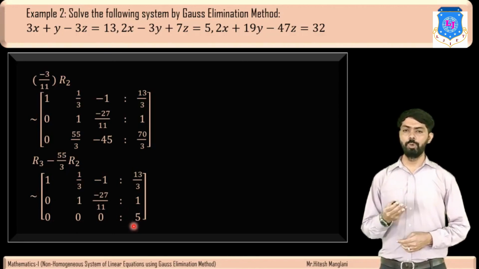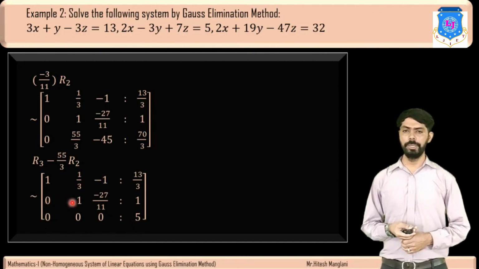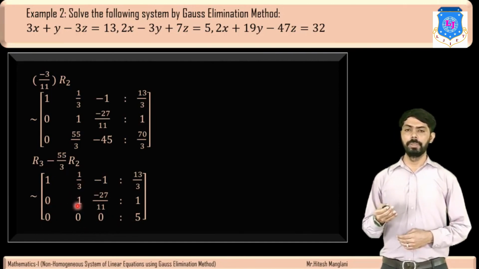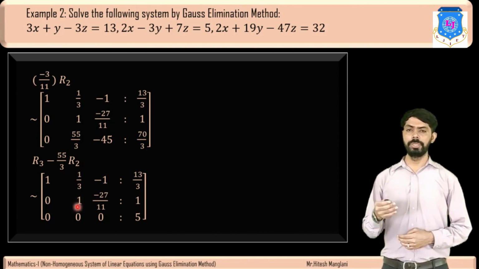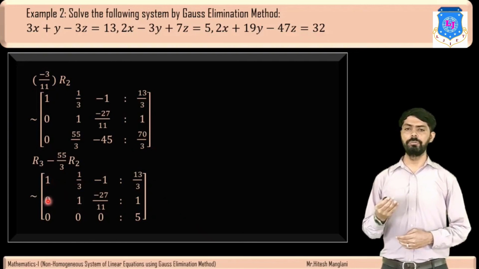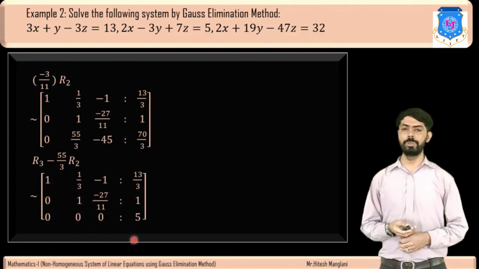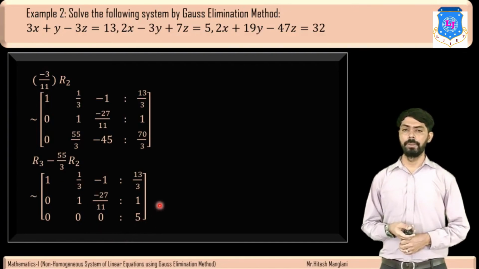So here, if you look at this matrix, all the properties of row echelon form are satisfied. The leading one in the second row is to the right of the leading one of the first row, and all entries below the leading ones are zeros. So we can say that this matrix is in row echelon form.